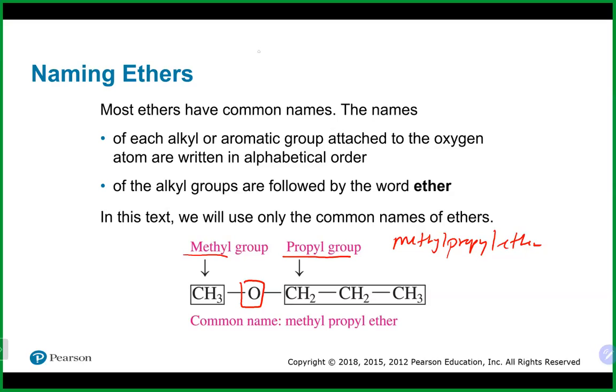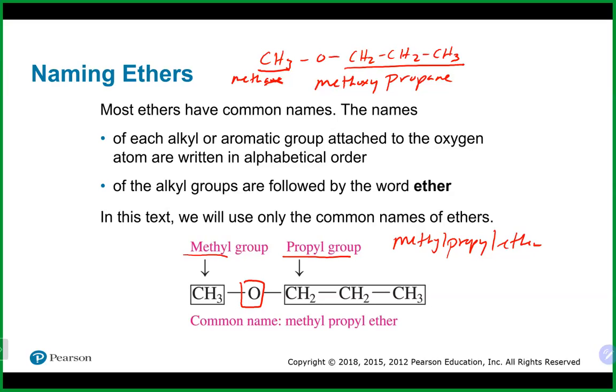If we were going to take the IUPAC way of naming, just to show you how that works, once again, the longer group here is propane. The shorter group here is methane, and we drop the last part and put oxy on it, and that makes it methoxy. So it would be methoxypropane.